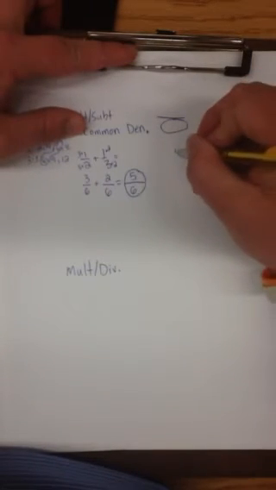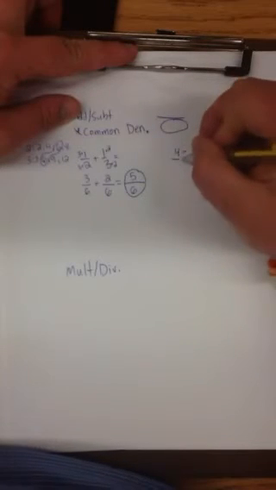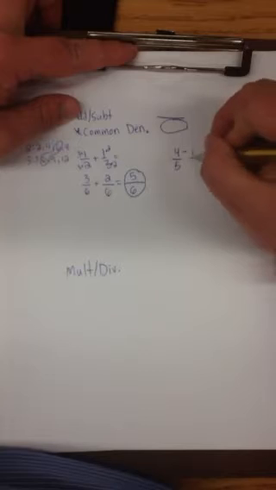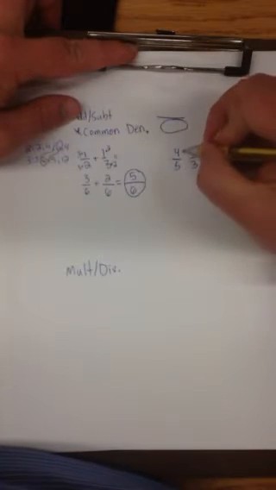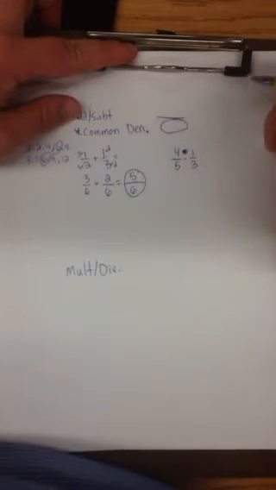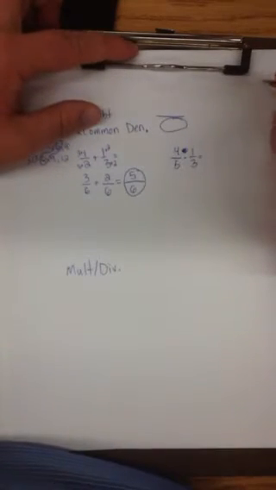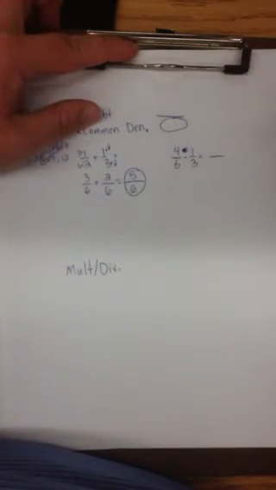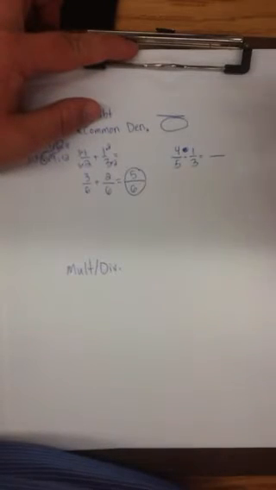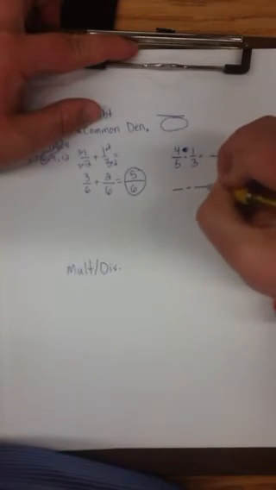Okay, now let's do something with subtracting fractions. Maybe 4/5 minus 1/3. Once again I cannot do this because I do not have a common denominator, so I have to rewrite the entire problem so that I do.